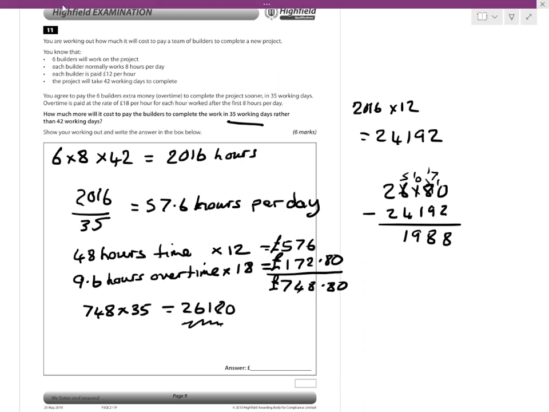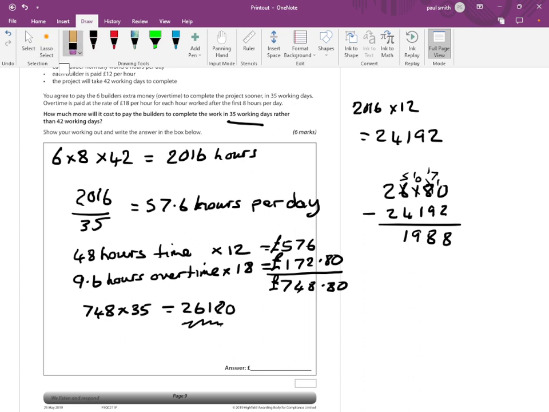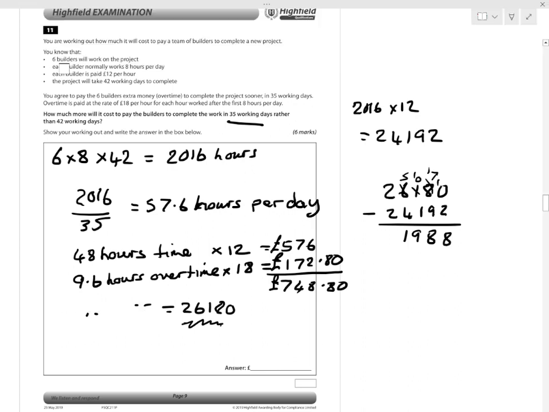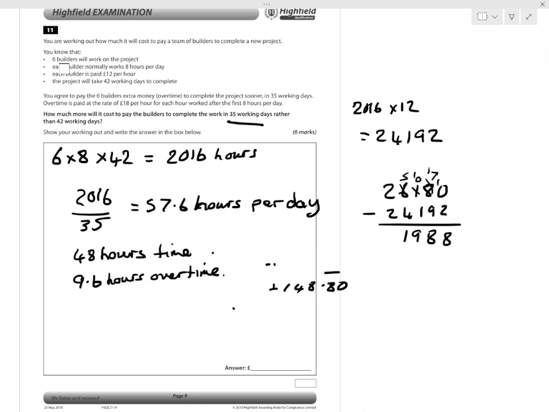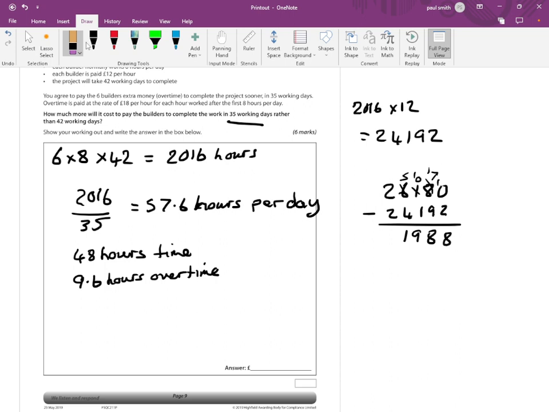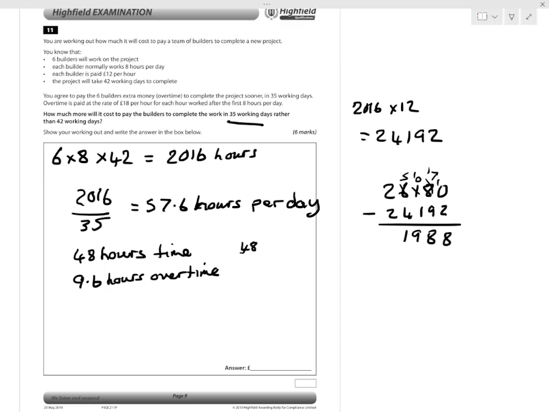Maybe if I do this a slightly different way. It's just so much information, isn't it? So each day we want 48 hours worth of work, and we're going to divide that: 48 divided by 6 equals 8 hours per builder.